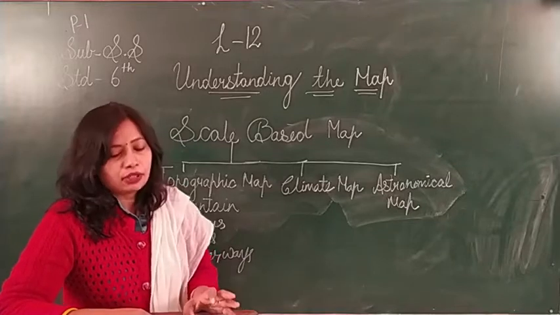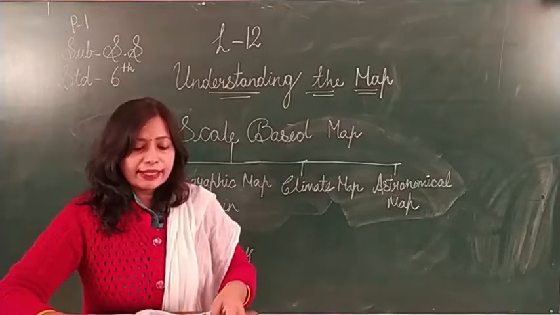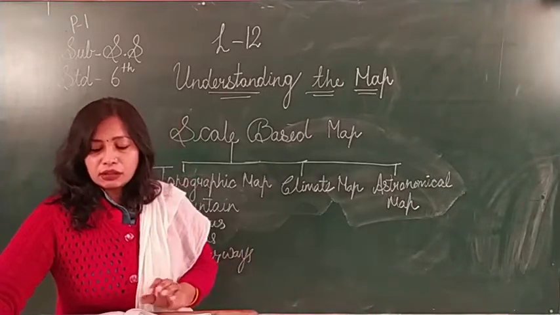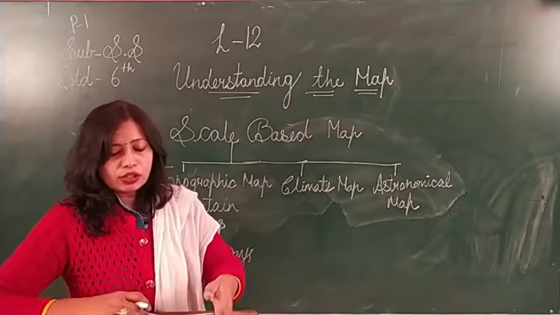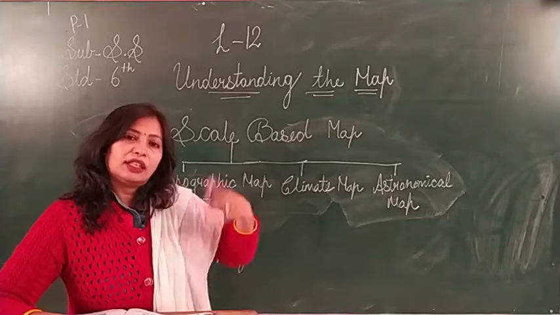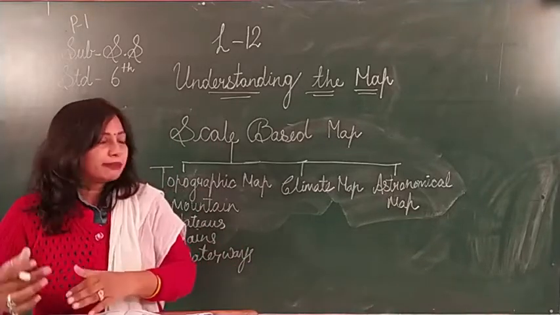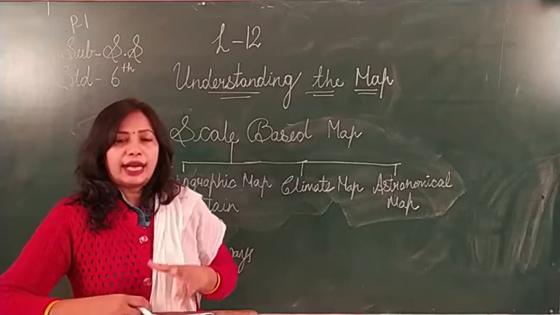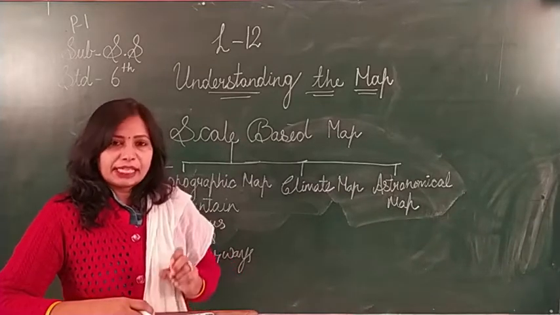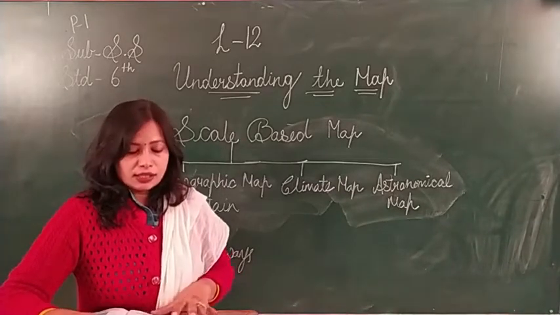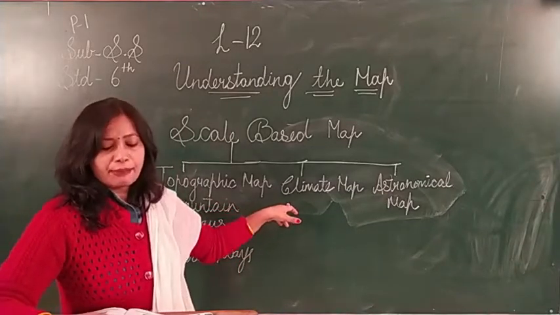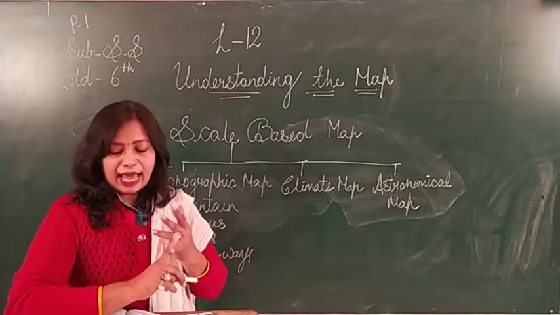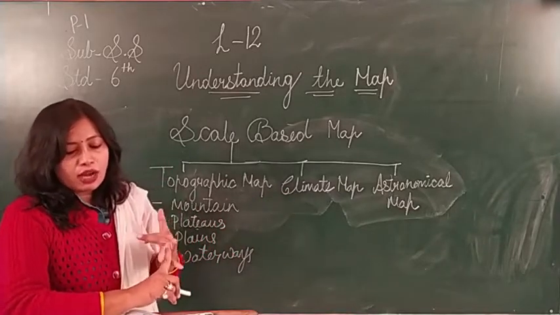Now the climate map, as is shown on television, where you get information that here it is going to rain more. That is why it is called a climate map. It tells you that today it will be this many degrees cold, or this much heat in this place. All of that you get from the climate map. In the news we are seeing only that. So this map focuses on the details of climate: temperature, rainfall, and winds.